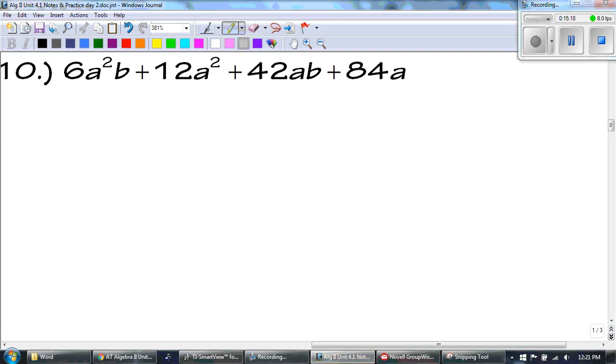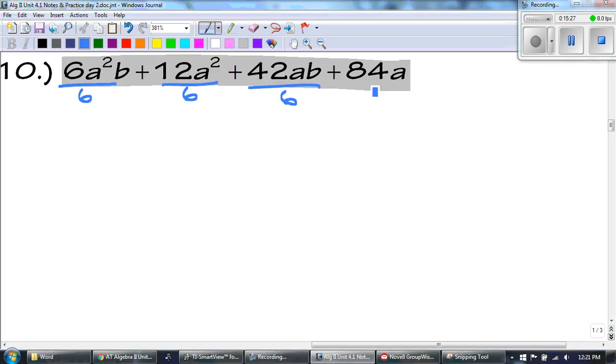Okay, so first, between all of these, I can take out a 6, but do they all have the same variable? Yeah, they all have at least 1a. So the 6a is my GCF, and then when I divide everything out, the 6's cancel.